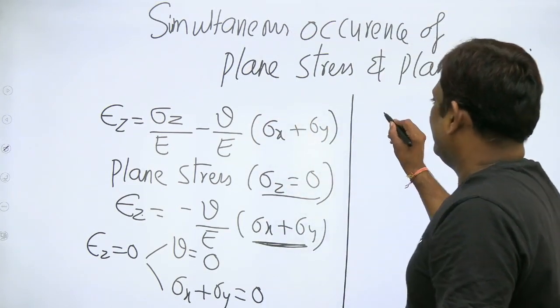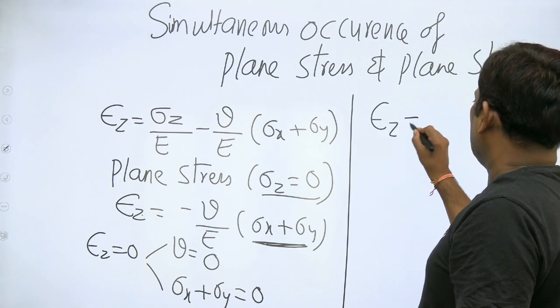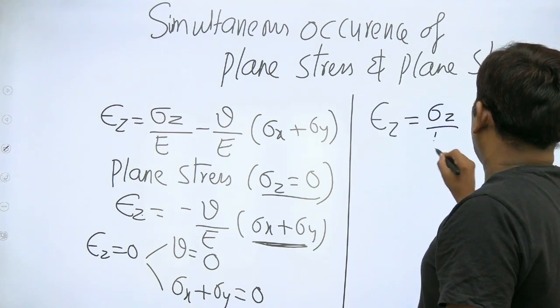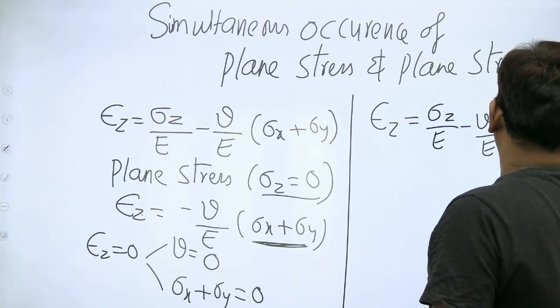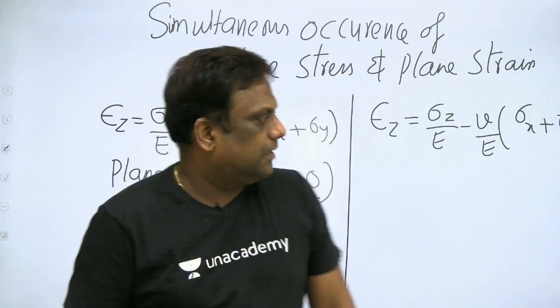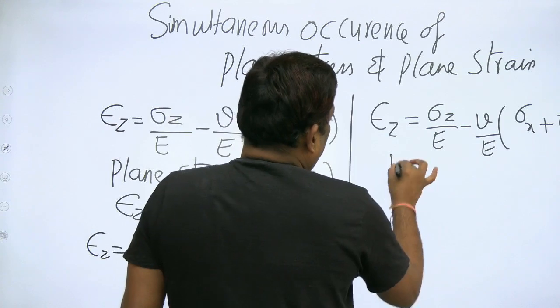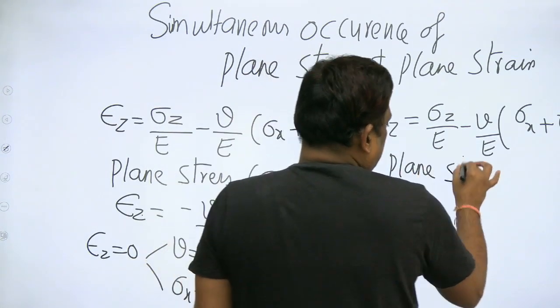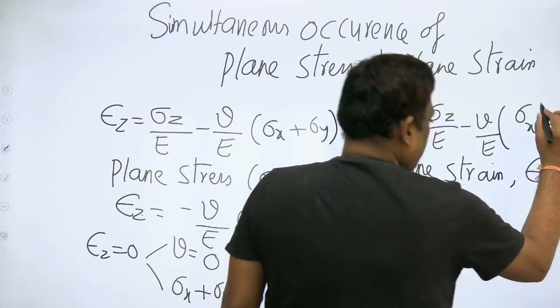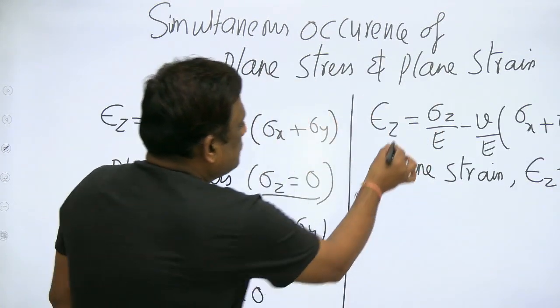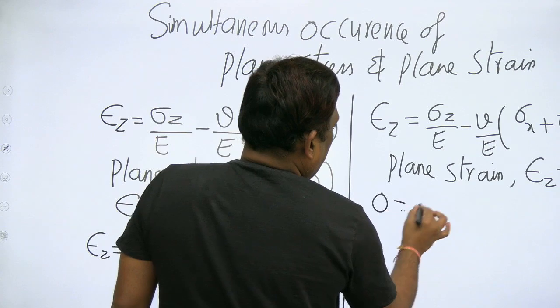Now let us take the other one. Look once. Epsilon z is equal to sigma z by E minus nu by E into sigma x plus sigma y. Okay, no problem at all. Now let us take plane strain. If it is plane strain, epsilon z is 0. So when epsilon z is 0, what will this be?